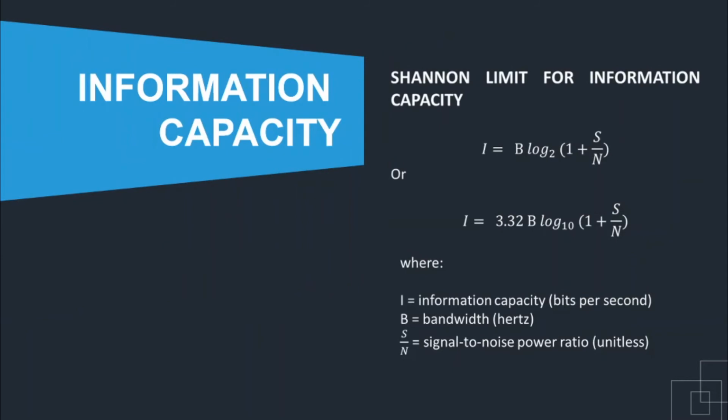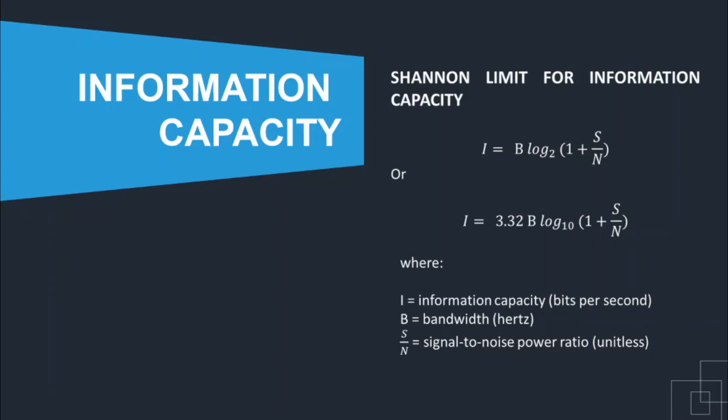Ang formula nito ay I is equal to B log sub 2 quantity 1 plus the signal to noise power ratio, or I is equal to 3.32 B log sub 10 quantity 1 plus the signal to noise ratio.